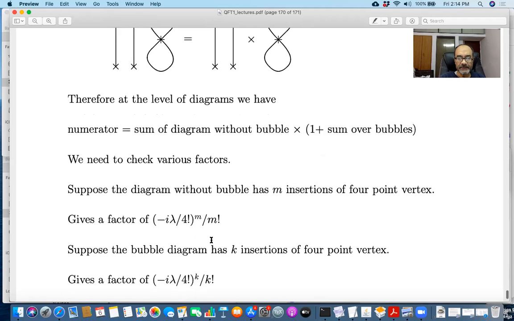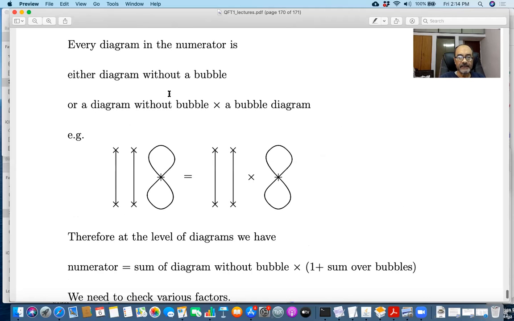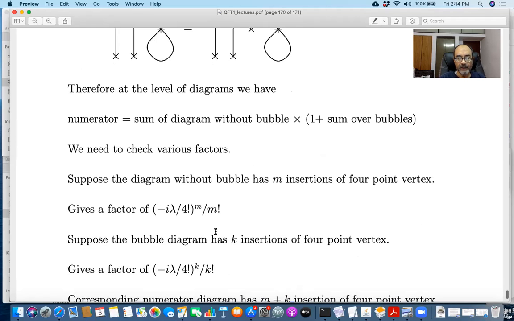Okay. So which means that on the right hand side, in this product, you will get a factor of (minus i lambda over 4 factorial) to the power m over m factorial times (minus i lambda over 4 factorial) to the power k over k factorial.